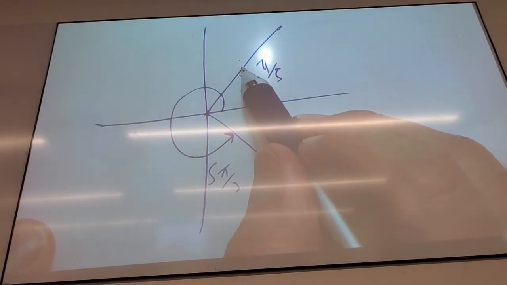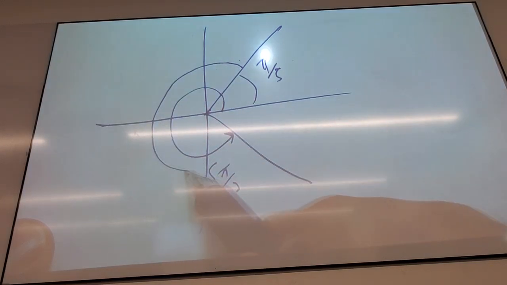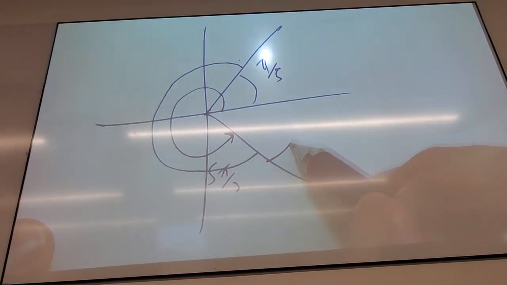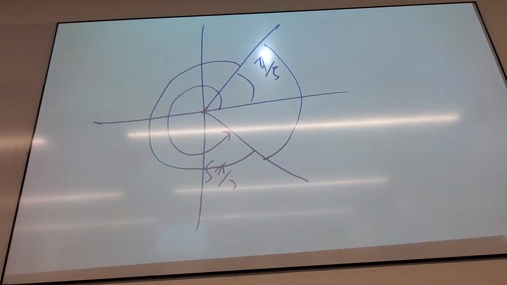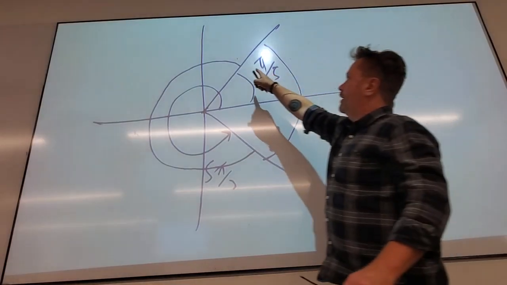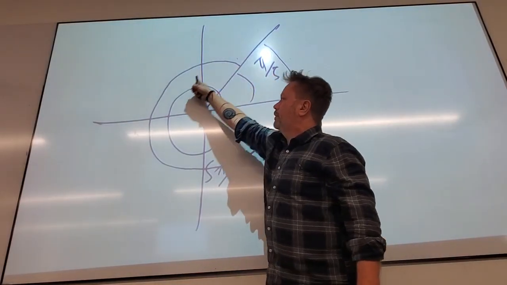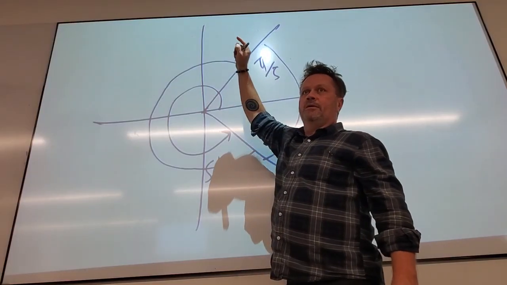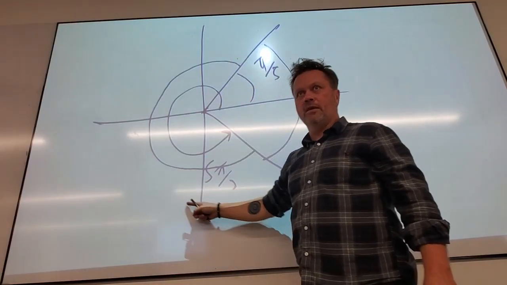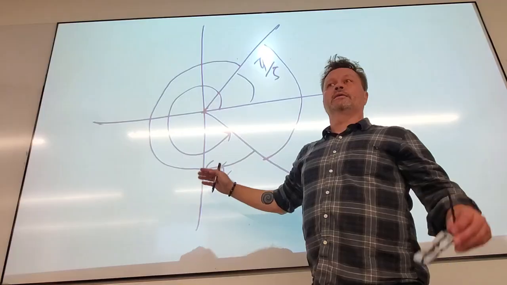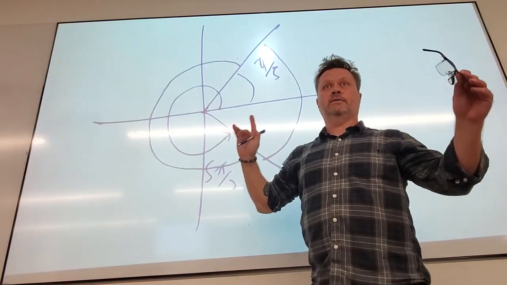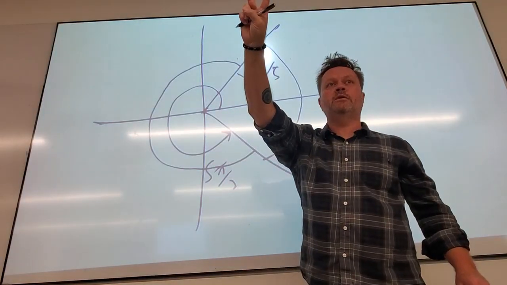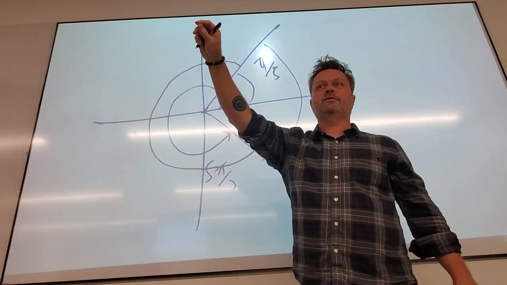Can I go the same distance from here to here and the same distance from here to here? Can I take the same size step to start at one answer, pick up the other answer, and get the next answer? Or is one of these steps bigger than the other? Do you guys see that? That's why I needed two statements to capture all the answers.